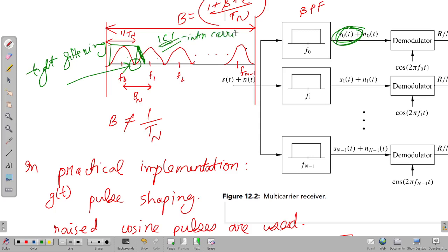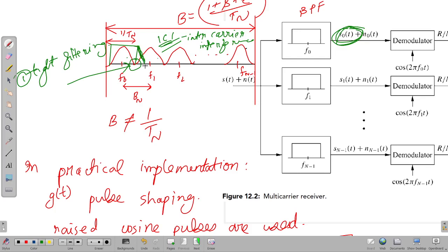Inter-carrier interference is not mentioned in the textbook. It happens because the information in two carriers gets mixed up. And this is the first disadvantage I want to say: this type of non-overlapping subcarriers needs tight filtering.